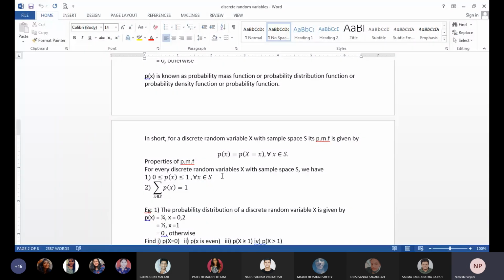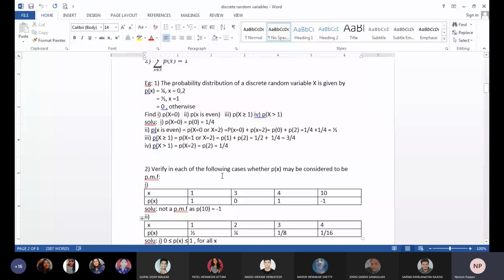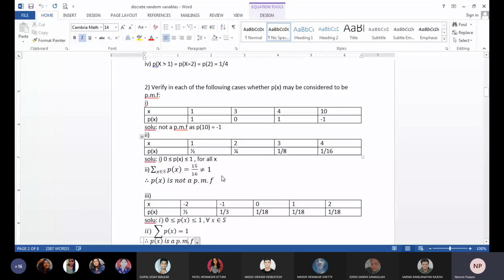One is P of x lies between 0 to 1, which will remain the same. Second property is summation of P of x is equal to 1. Instead of summation of P of x, there you will have integration of P of x in case of a continuous variable. So that we will discuss when we go for the continuous case. At present, we are discussing the discrete case.